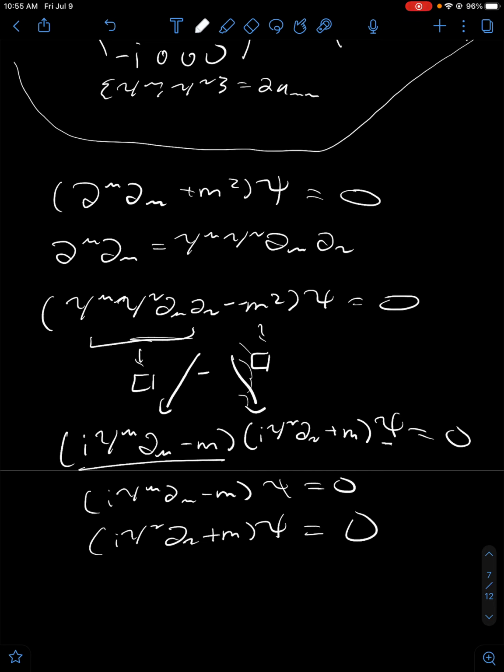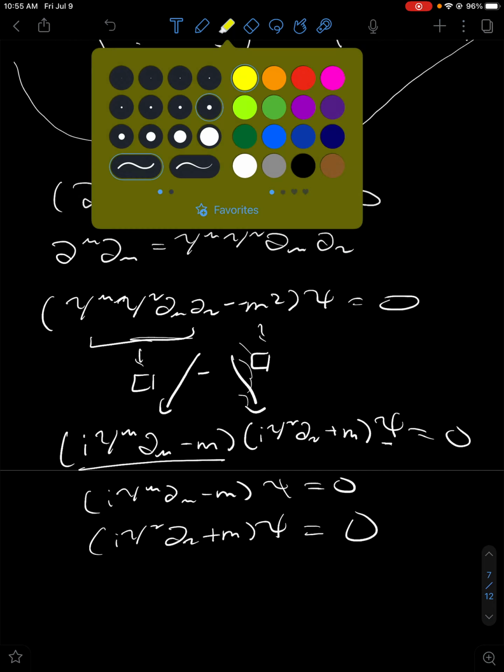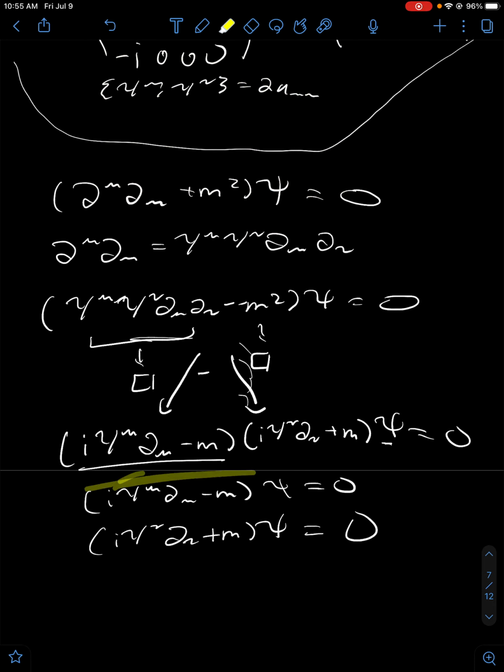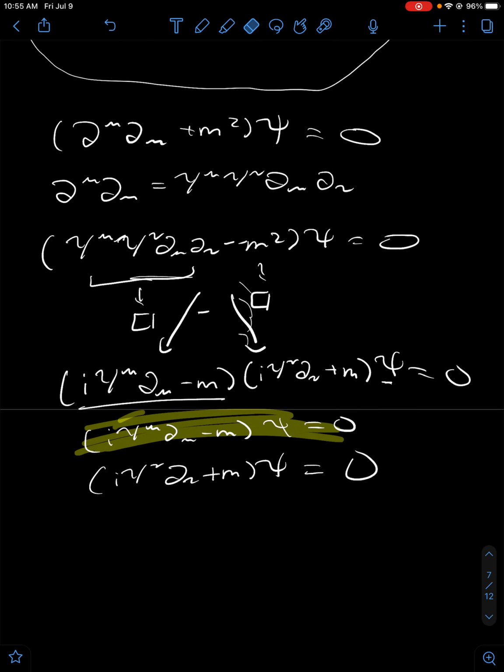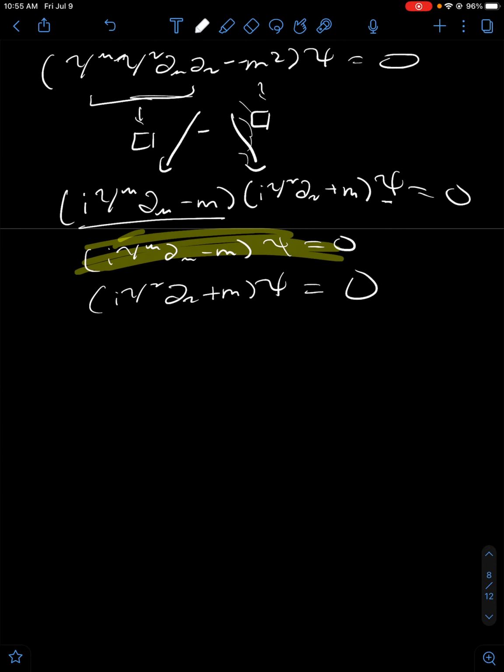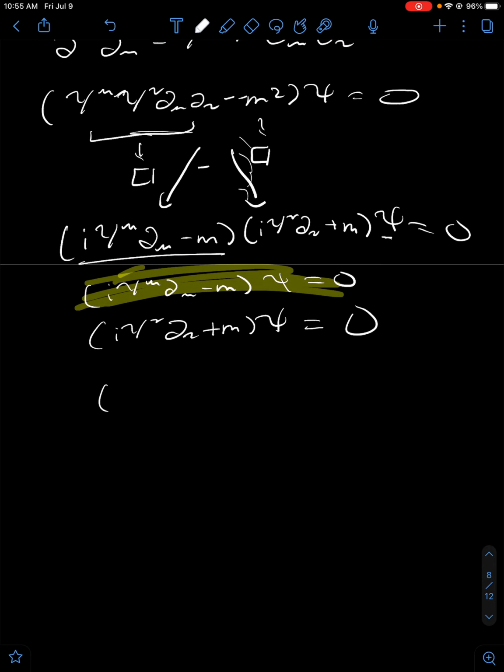Either way is just convention. You get the same result, but historically, for whatever reasons, we usually choose this solution. Note that this is actually first order in time, since there's no longer a squared partial mu, there's just one partial there. Okay. So we're almost done here.